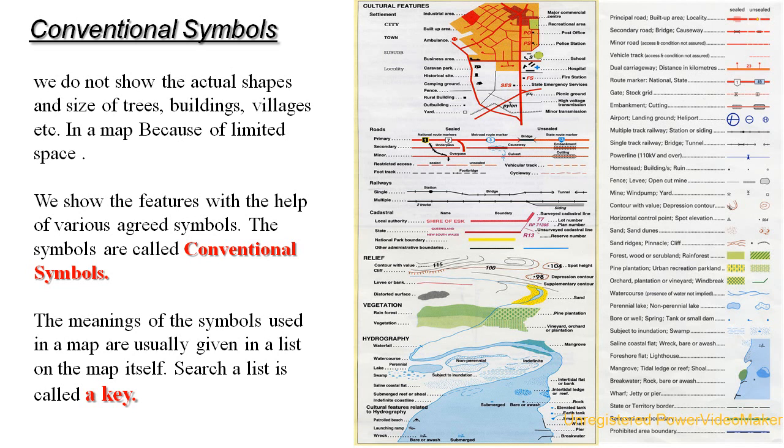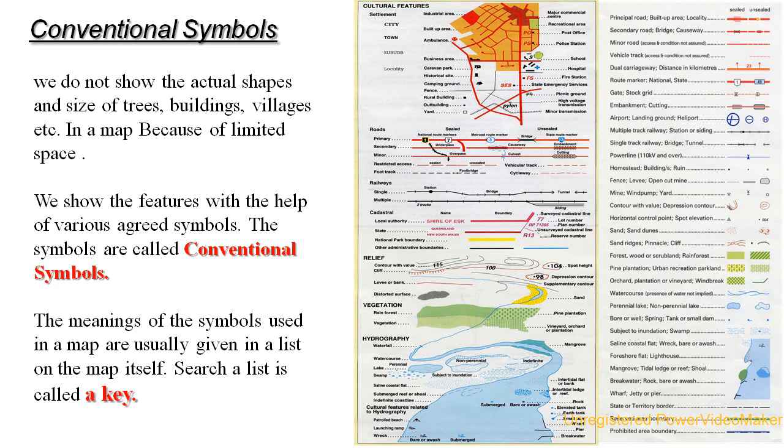So once again we will revise the thing. We are not going to draw the actual size of the tree, building, village, etc. in a map because of the space limit of the map. Instead, we are going to draw symbols which are agreed all over the world. Those symbols are called conventional symbols.